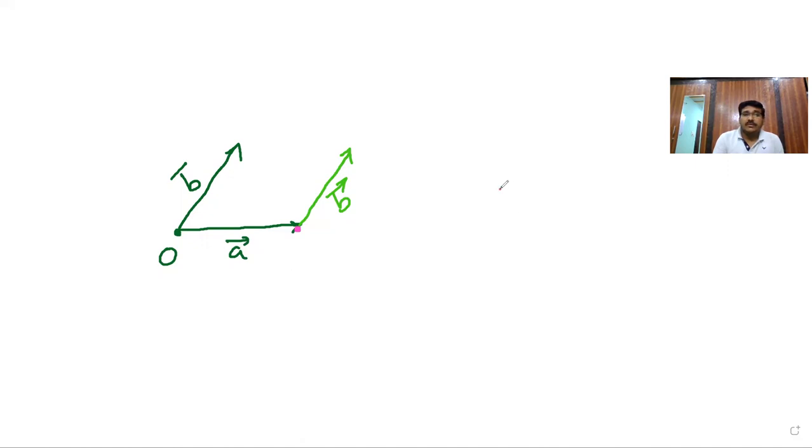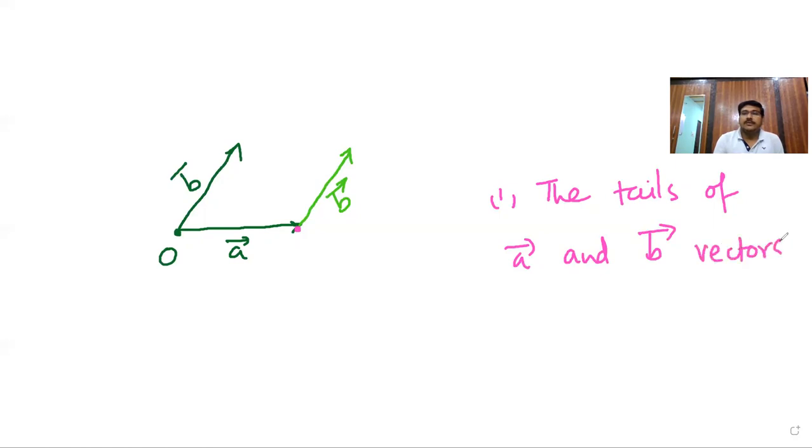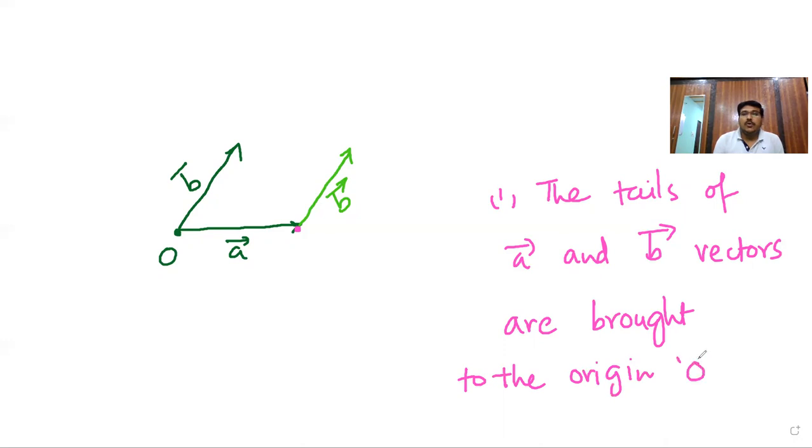First, what we have done is the tails of A bar and B bar, two vectors, are brought to the origin O.